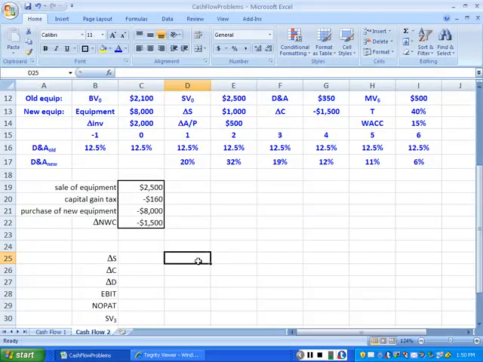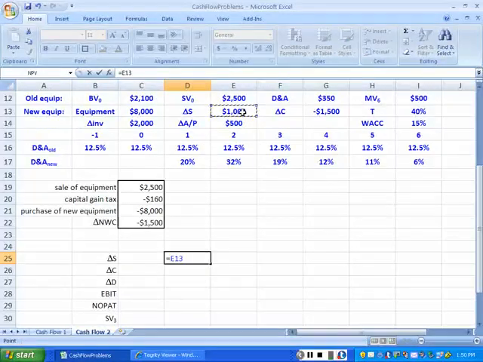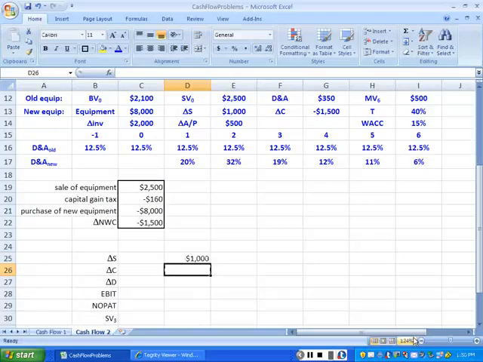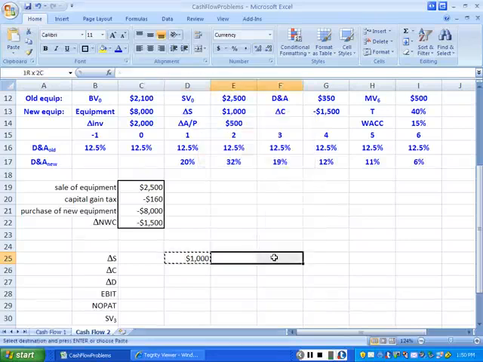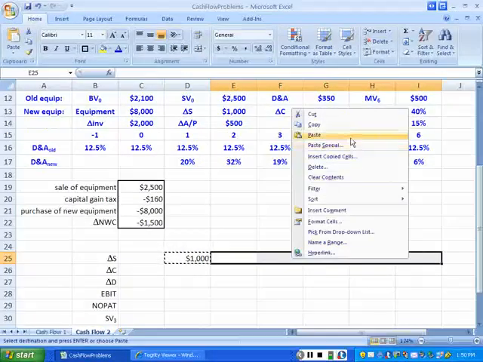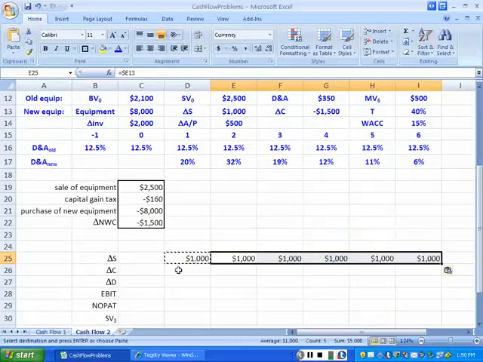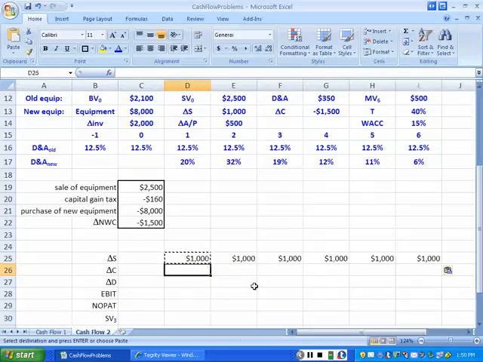And in particular, we believe it's going to increase our sales by 1,000 each and every period. So what we're going to be able to do is to take that amount, and we're going to have that going each year. So I'll put a dollar sign in play to represent that, and I can simply then copy that and paste it through all 6 years operationally, and I've got 1,000 each time.